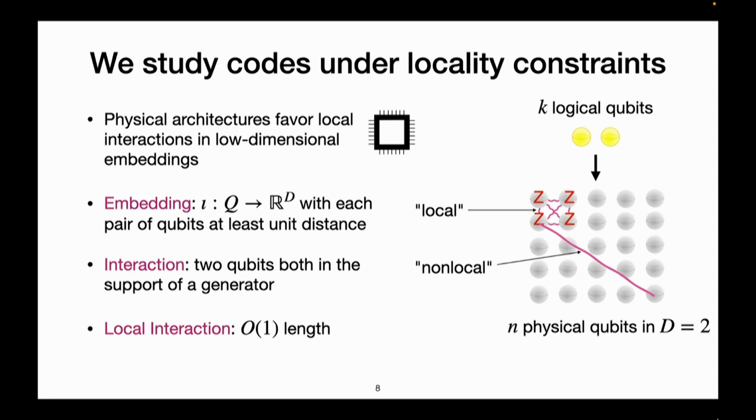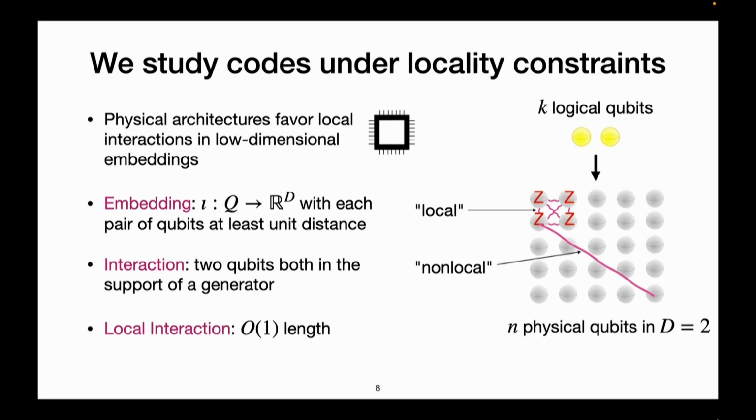So what is an interaction? We say that two qubits interact if they are both in the support of the same stabilizer generator. If we continue to use the previously used example of the weight 4 stabilizer generator, we would say that the 4 qubits acted on by Z are interacting, or participate in an interaction. And finally, a local interaction is just one with a constant length.